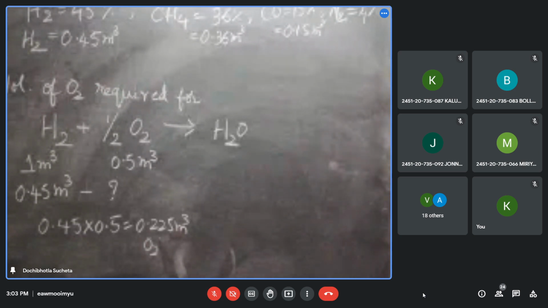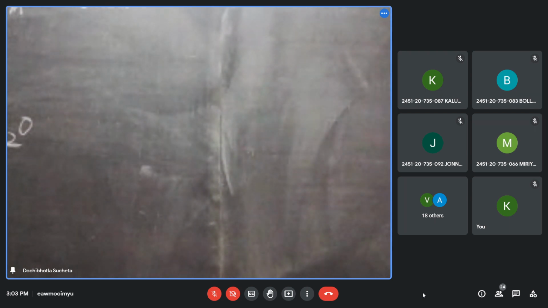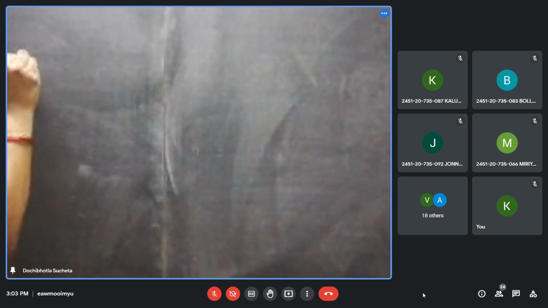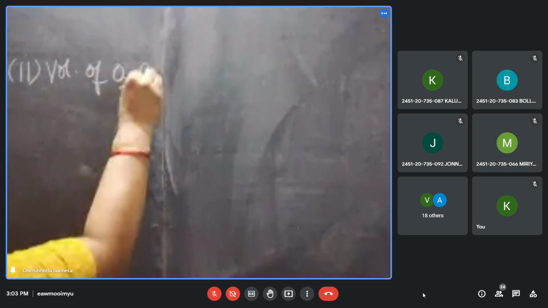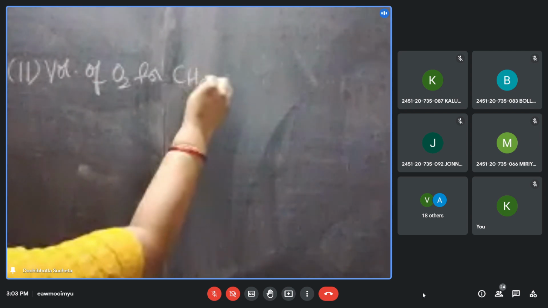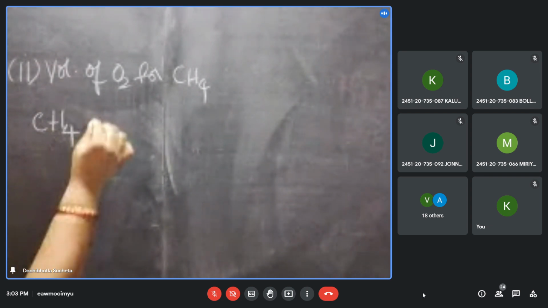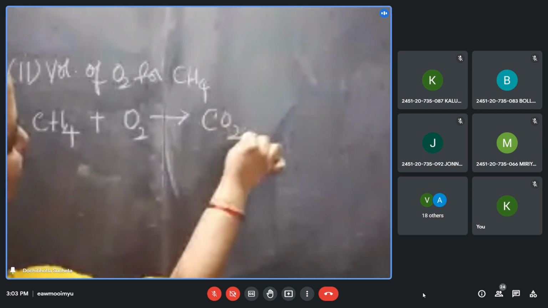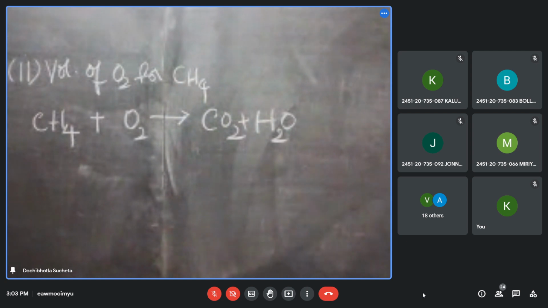Next, for methane, the volume of O2. CH4 reacts with oxygen to form CO2 and H2O as the products.